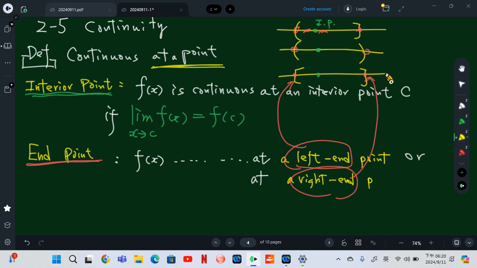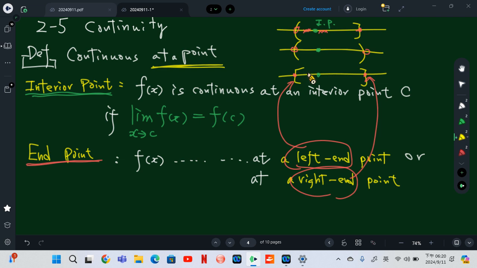If we focus on this part, taking the left endpoint as an example, you can see we just focus on this part. We will not pay attention to its left hand side.